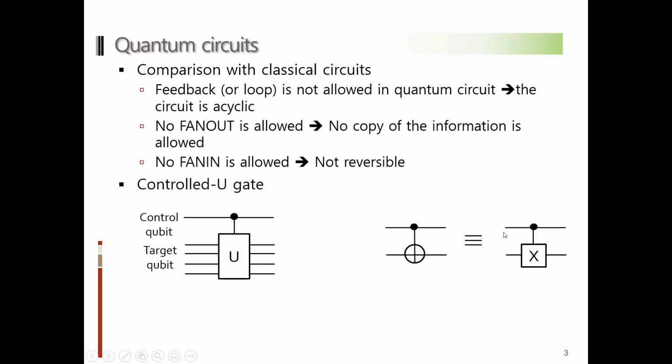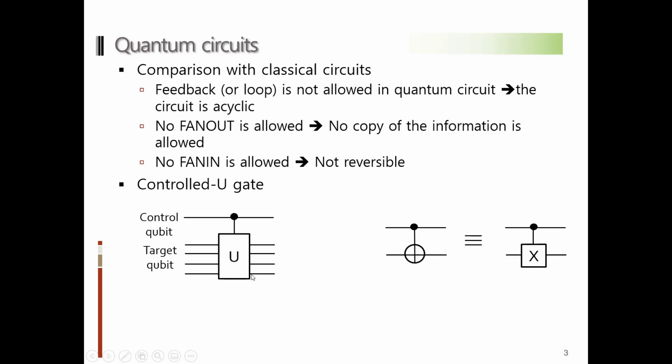And if we generalize this concept, then in principle there is no reason why the control should be applied only to the X gate; it can be applied to a Z gate or even a Y gate. Moreover, the conditional gate doesn't have to be a single qubit gate.